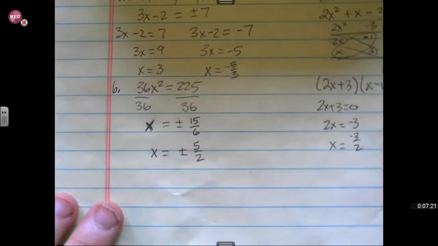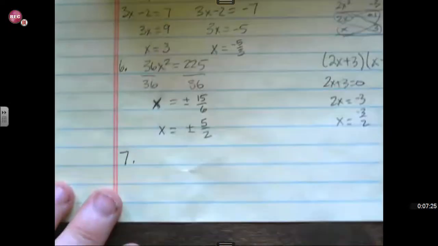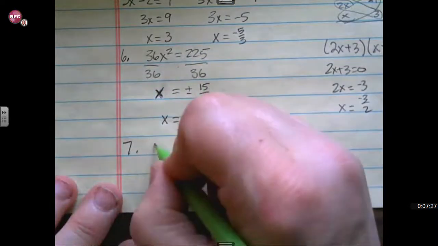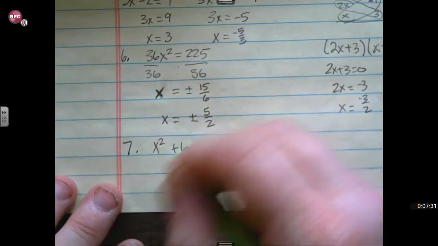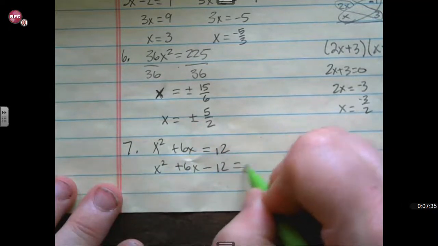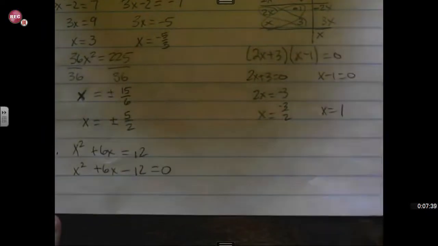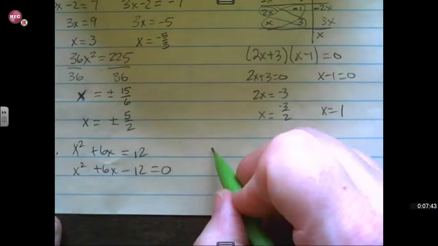And then the last one on here, for the first part of the final, x squared plus 6x equals 12. So x squared plus 6x minus 12. And we are not going to get that to factor. Come over here to the quadratic formula.